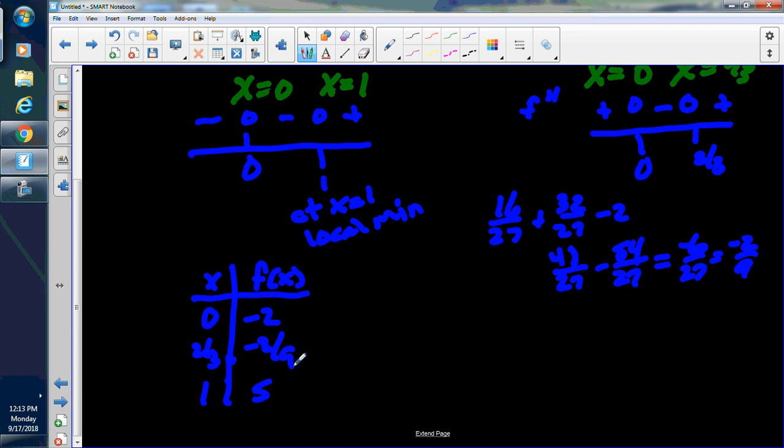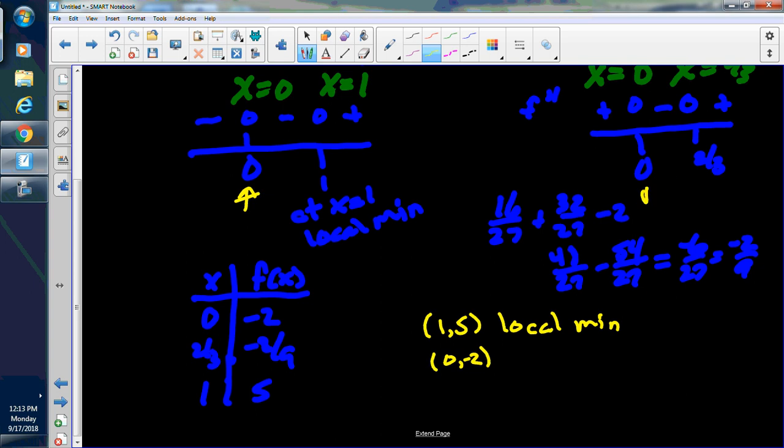And so we said at 1, we have a local max. So the point 1, 5, it's a local max, min, excuse me. Point 0, negative 2. It was neither a min or a max because the sign didn't change at 0.